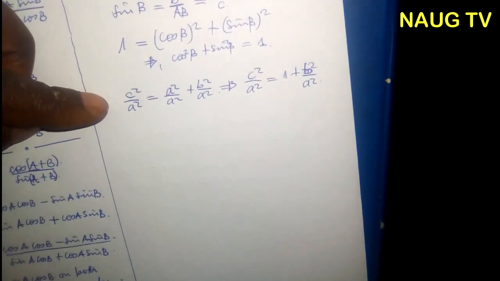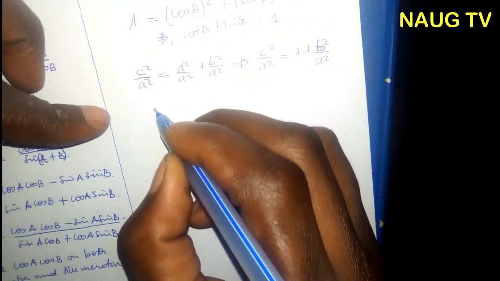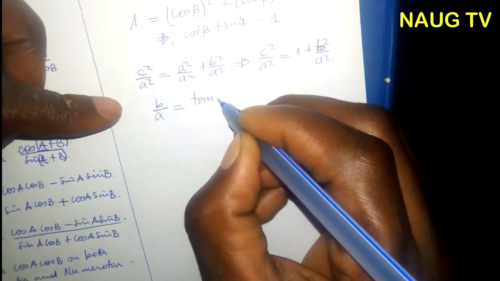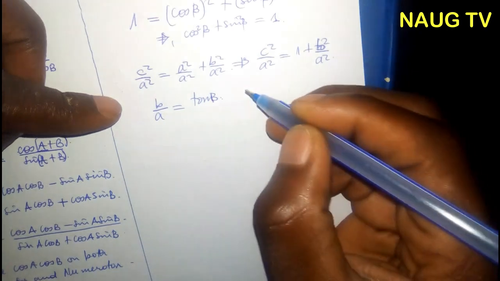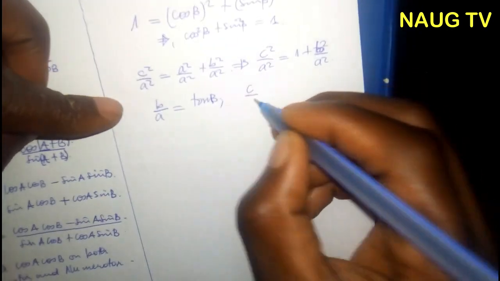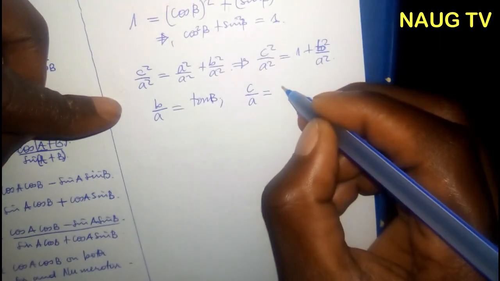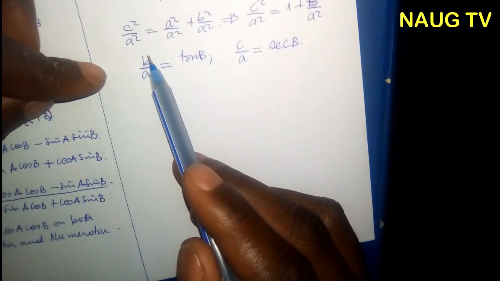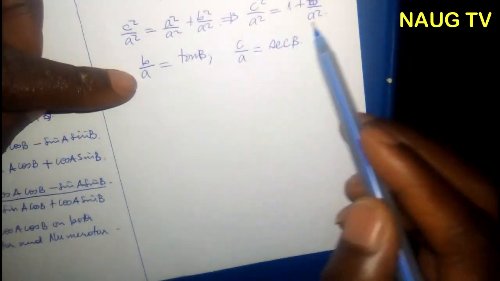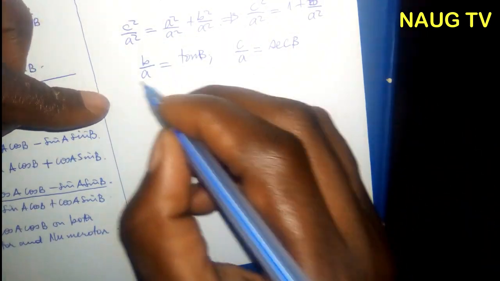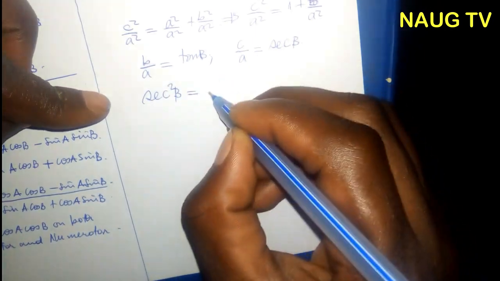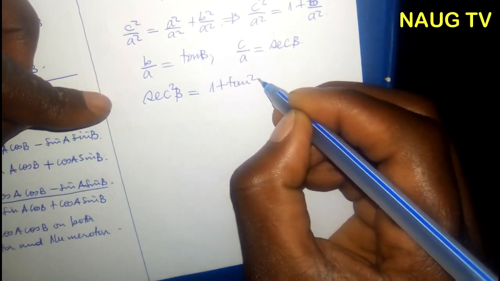And we know that b over a equals tan of beta, and also c over a equals sec of beta. So replace the values of b over a and c over a in this formula, I think the answer will be sec squared beta, which is equal to 1 plus tan squared beta.